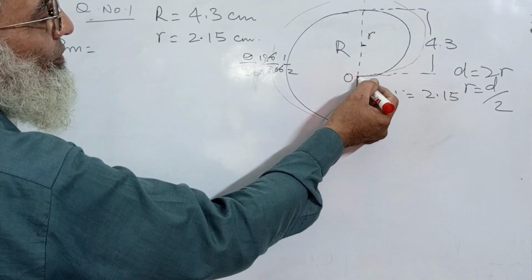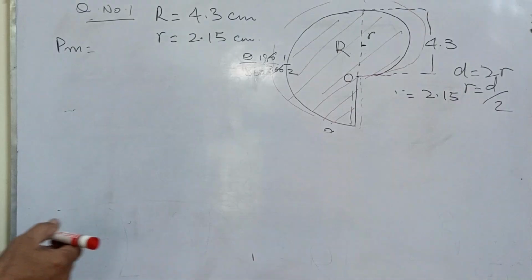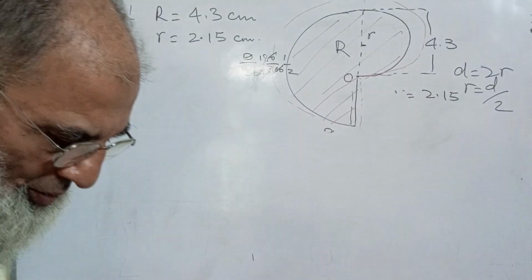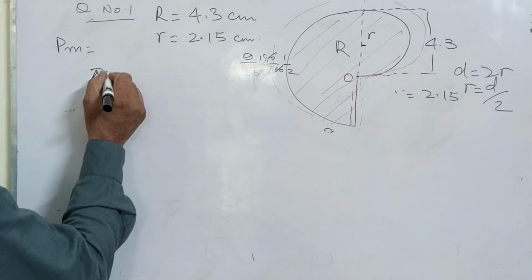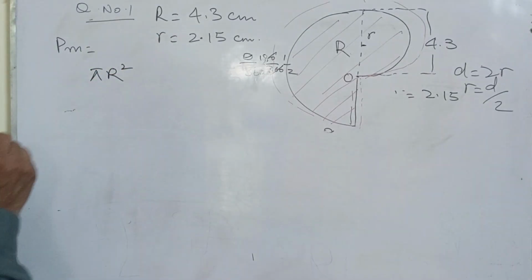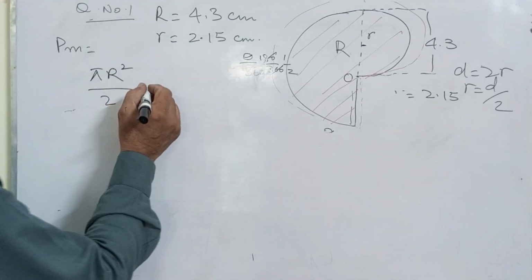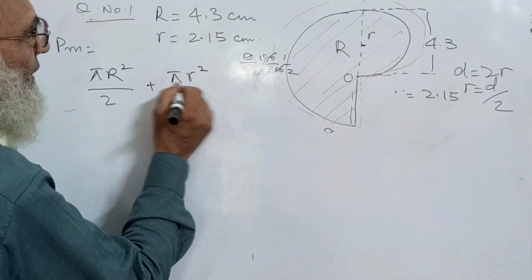Now for the area, you have to take all this in. Okay, all this area. So area is pi R square, capital R, divided by 2, because this is the half circle, plus pi r square divided by 2.